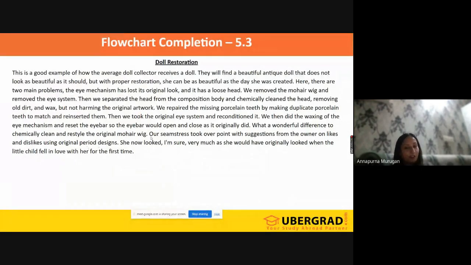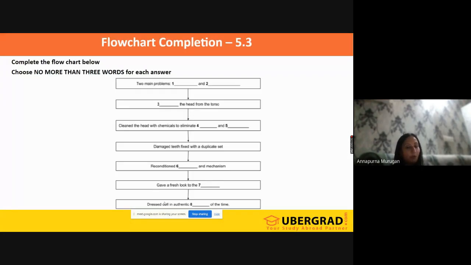Basically it has to be: dress doll in authentic designs of the time. No period, Kushal. Because authentic itself means committed to some period of time. So, dress doll in authentic design of the time. Here we could give design or designs, no problem.